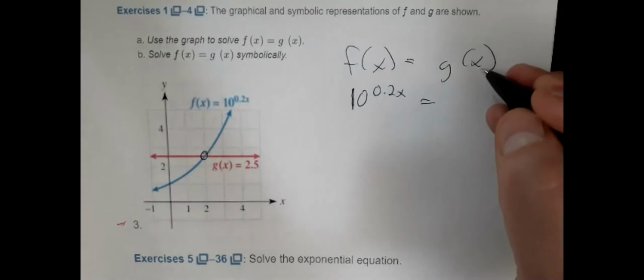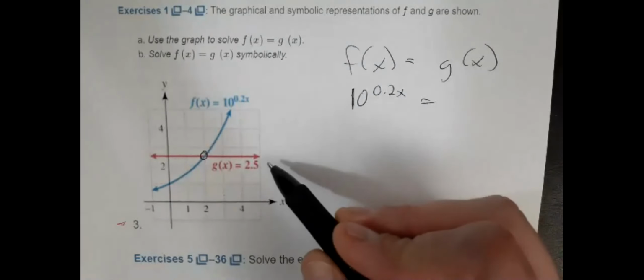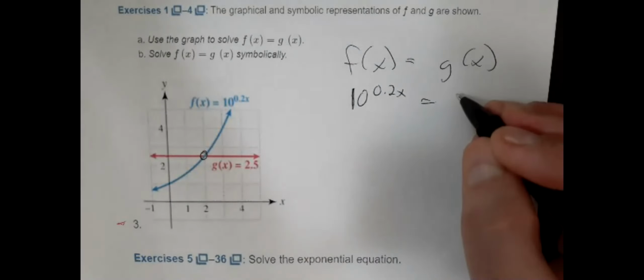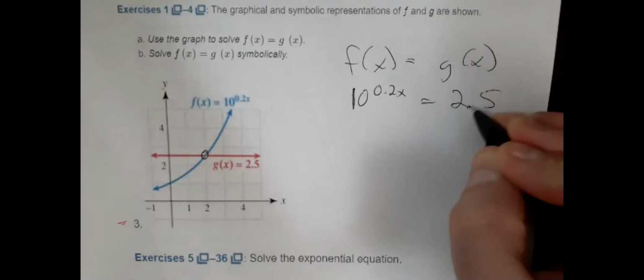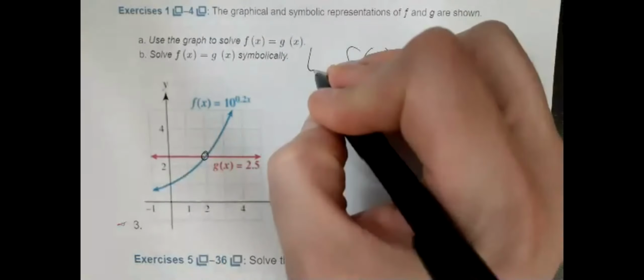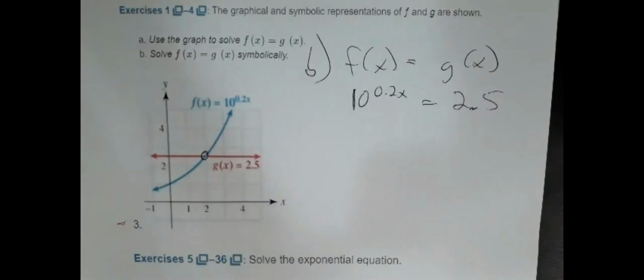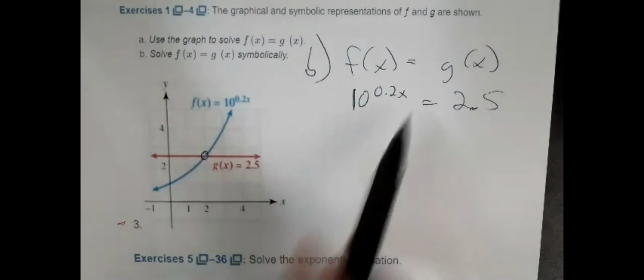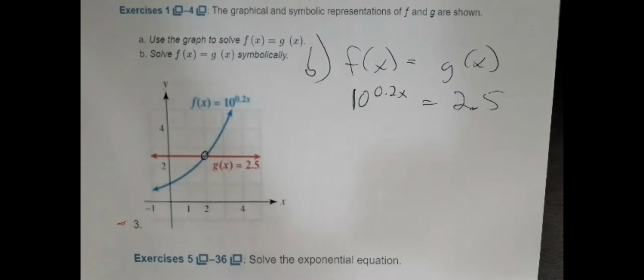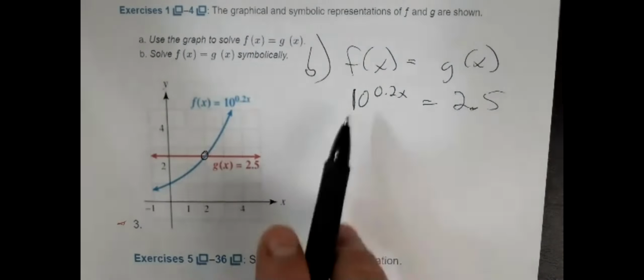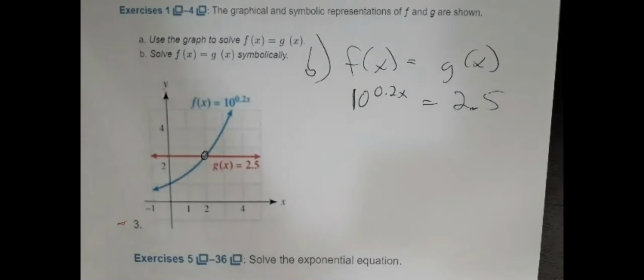I can rewrite g of x as what? 2.5. And so if I want to solve this thing symbolically, I know what the function looks like in terms of x. And if I solve this thing, what variable am I solving for?